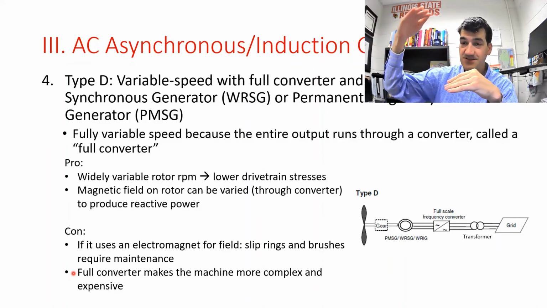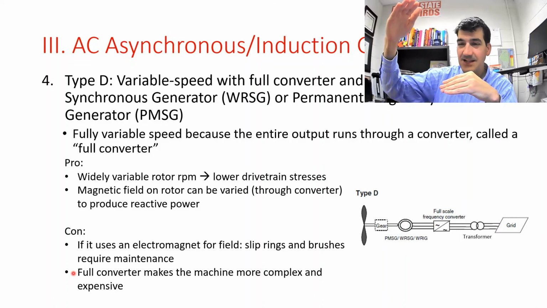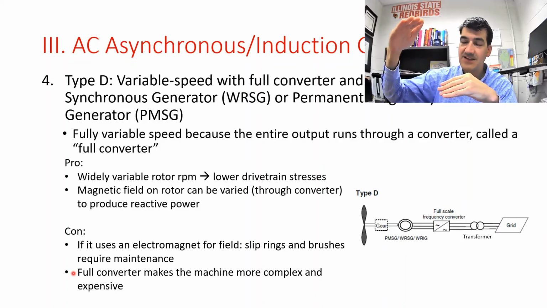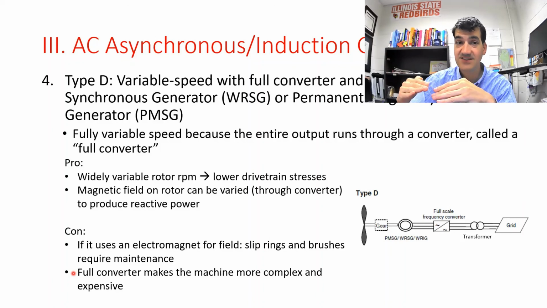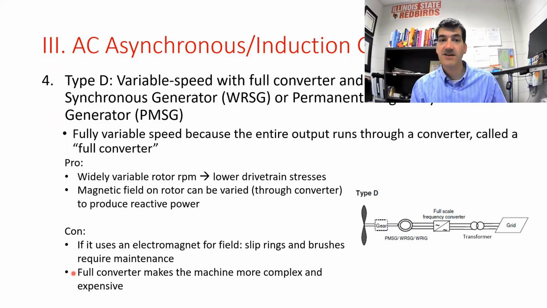The cheapest is the squirrel cage induction generator. A little bit more expensive, but not much more, is the wound rotor induction generator. Considerably more expensive than that is the DFIG design, and considerably more expensive than that is this design, the type D variable speed with full converter. But as you can see, it does have some advantages.